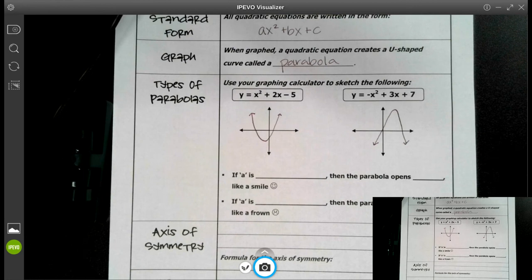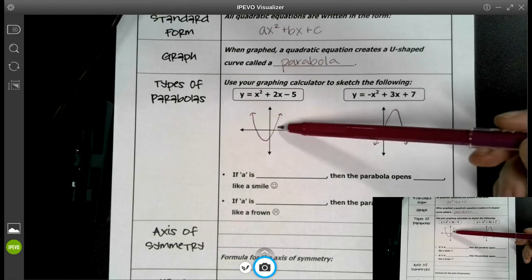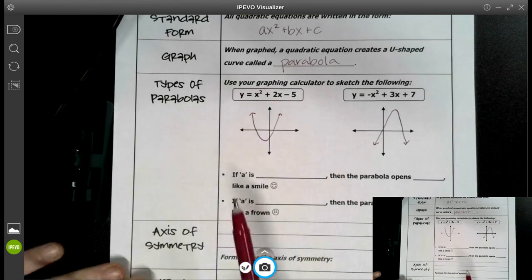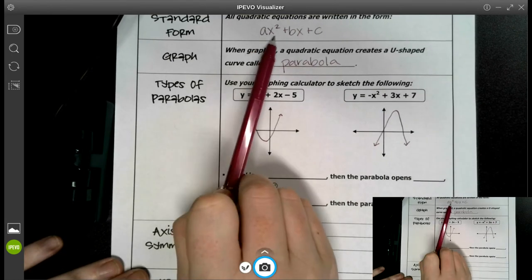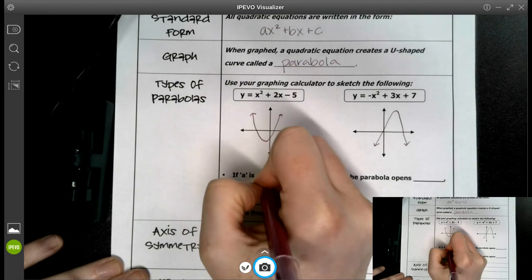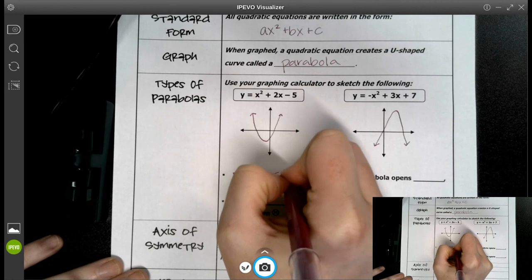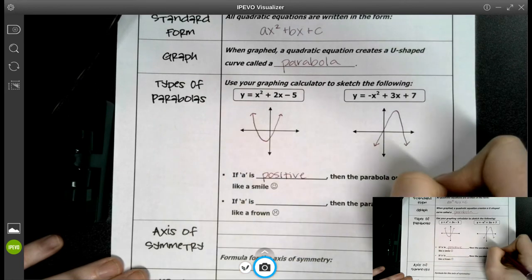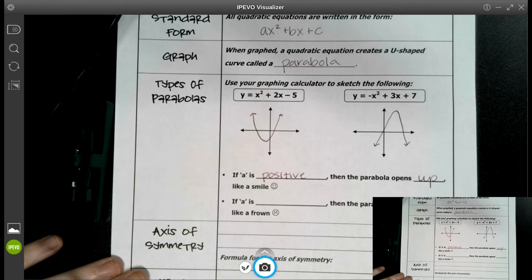So the reason that my parabola is upside down in my second one versus my first one is because of my a value, okay? The a value is your coefficient of your x squared term. So if my a is positive, just like in my first example, then my parabola is going to open up like a smile.